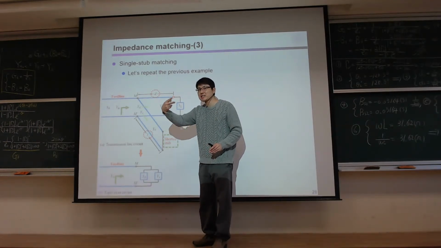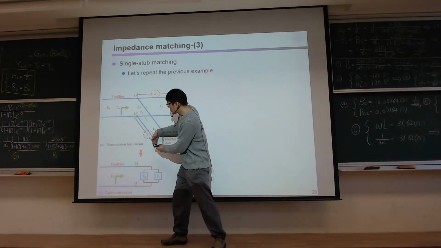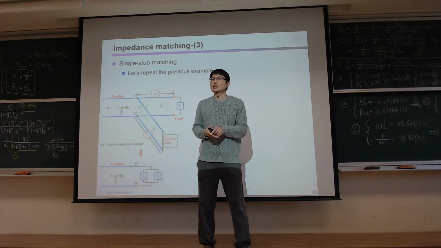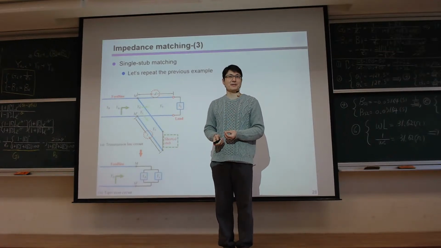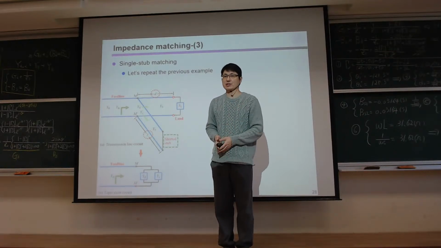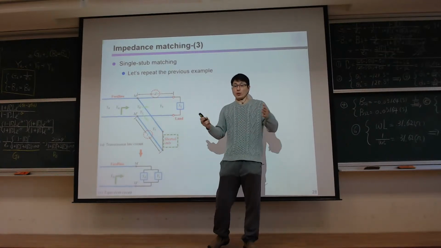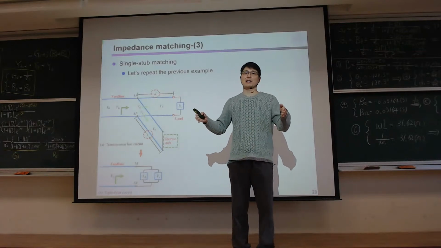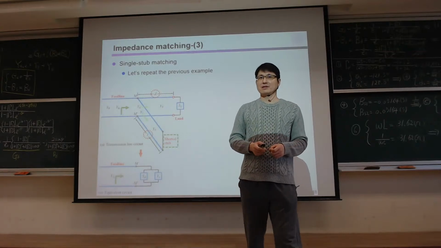If you still have a piece of transmission line, like what I taught you, for short-circuited or open transmission line, by changing the length, you can change it into an effective capacitor or effectively an inductor, right? So if you cannot buy the inductor or capacitor, you can just use a piece of the right length transmission line to accomplish impedance matching. Okay.